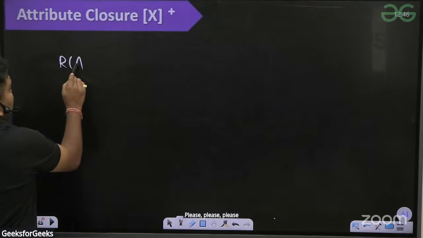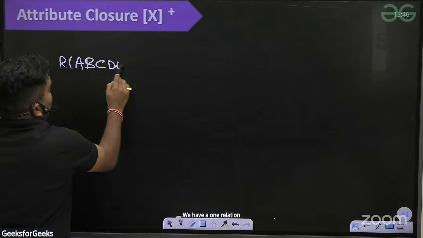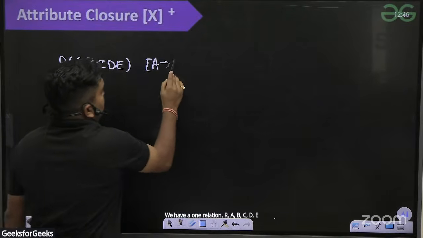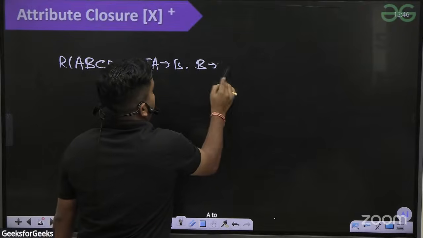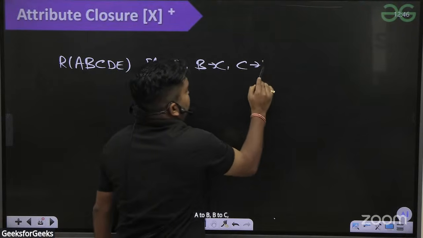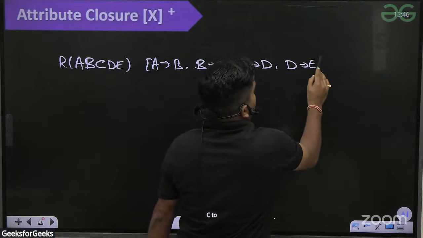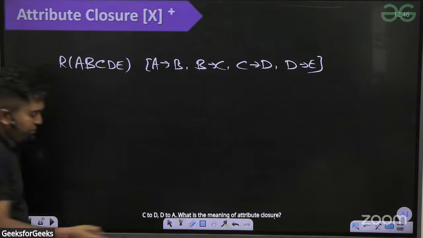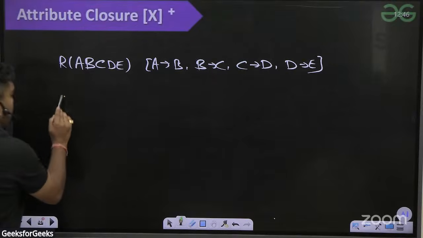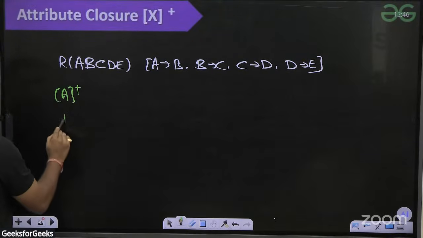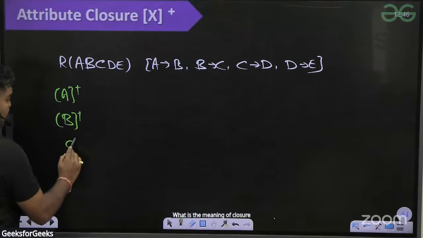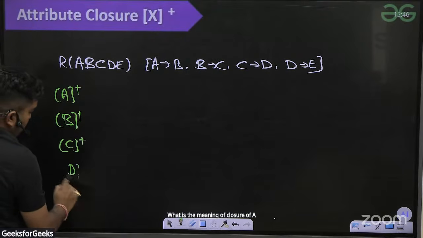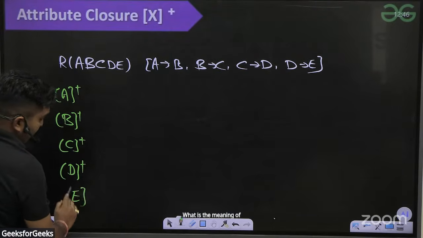We have a relation R(A, B, C, D, E), with A to B, B to C, C to D, D to E. What is the meaning of attribute closure? What is the meaning of closure of A?